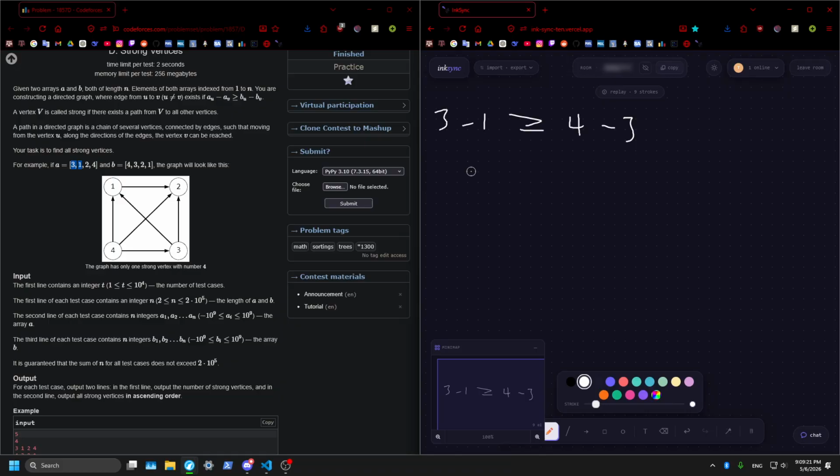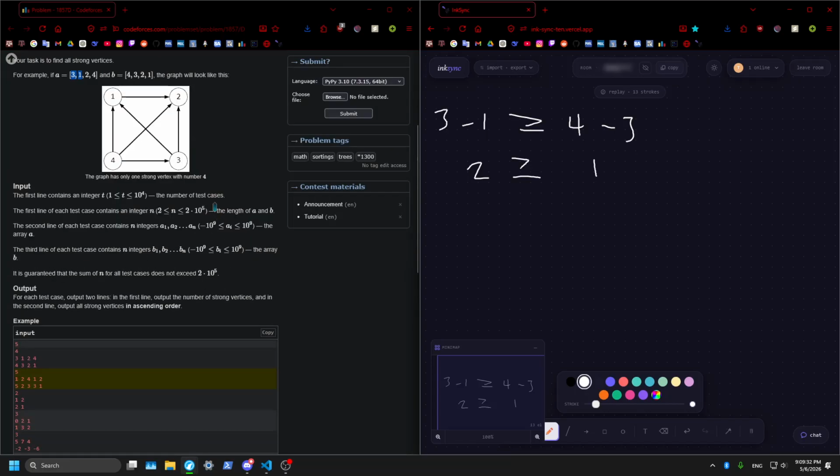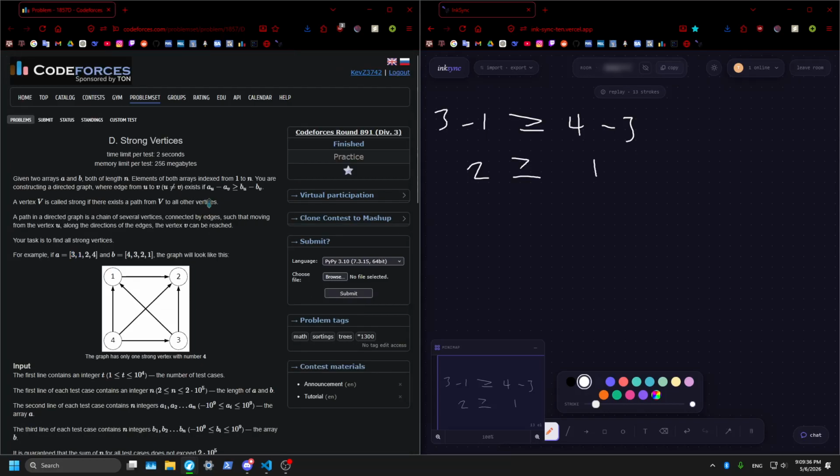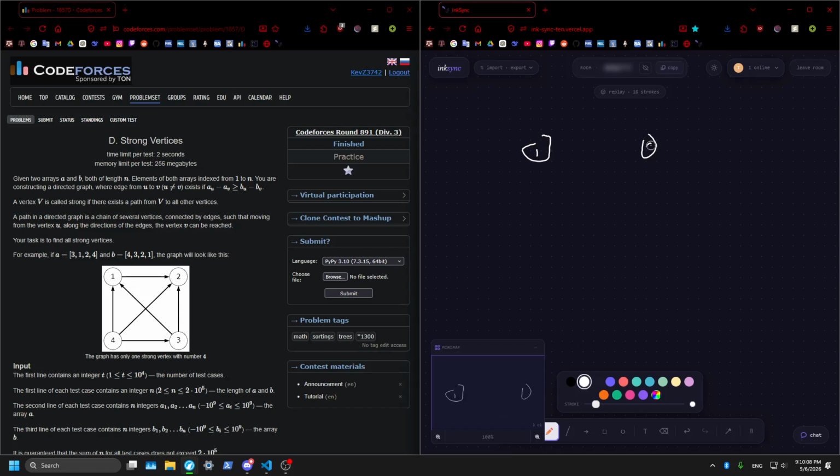Is this what it's saying? Okay, so we're gonna have vertices 1 through n, so 1, 2, 3, 4, right?